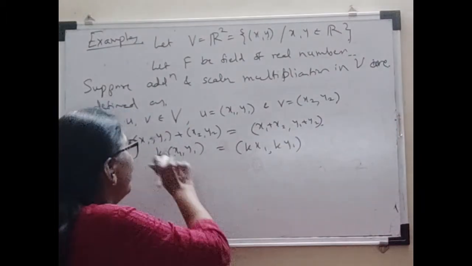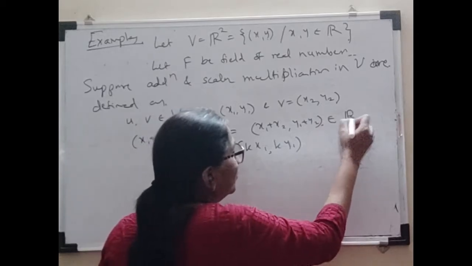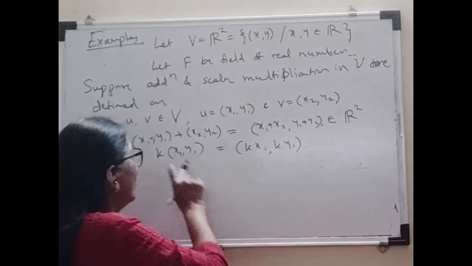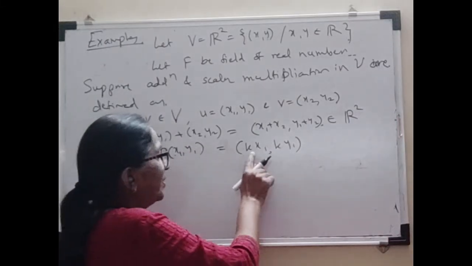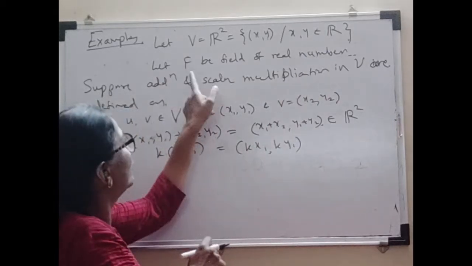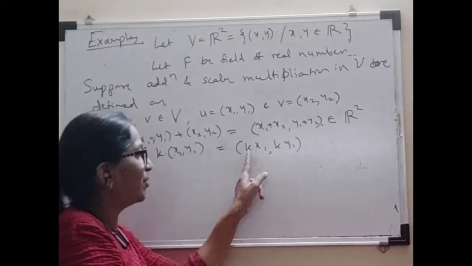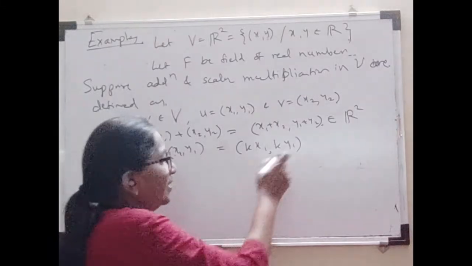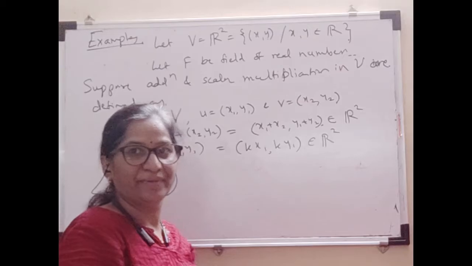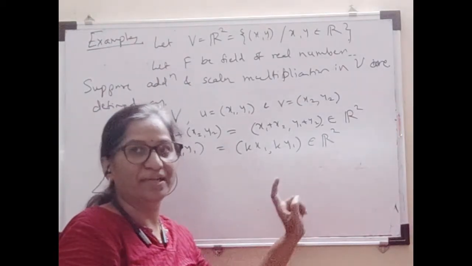Therefore the sum of two vectors is a member of R2, that is V. Hence the closure property. Also k into (x1, y1) is (kx1, ky1). What is k? k is a real number, since the field is also the set of reals. So k is real, x1 is real, and the product is real. So this is real, this is also real, so it is a member of R2. Hence the closure properties. Thus R2 satisfies the closure properties over R.